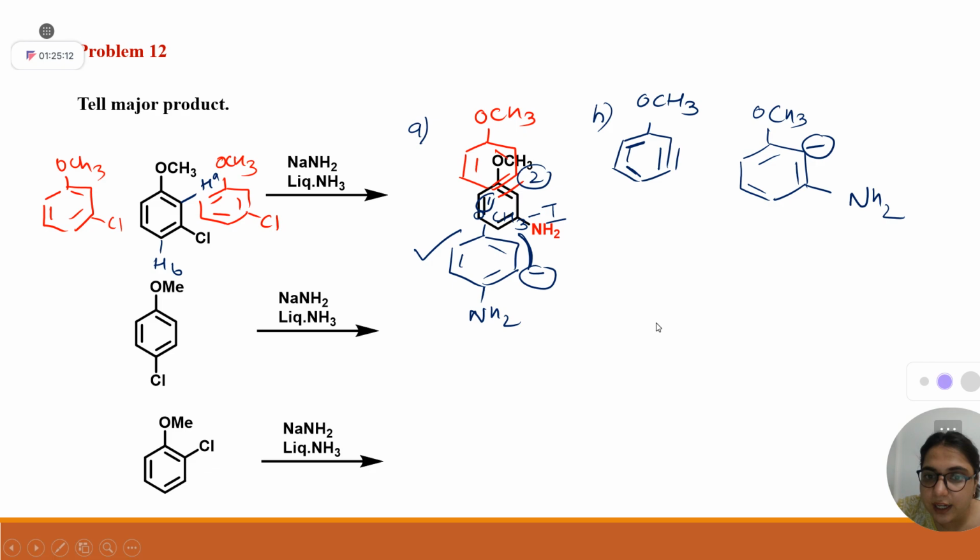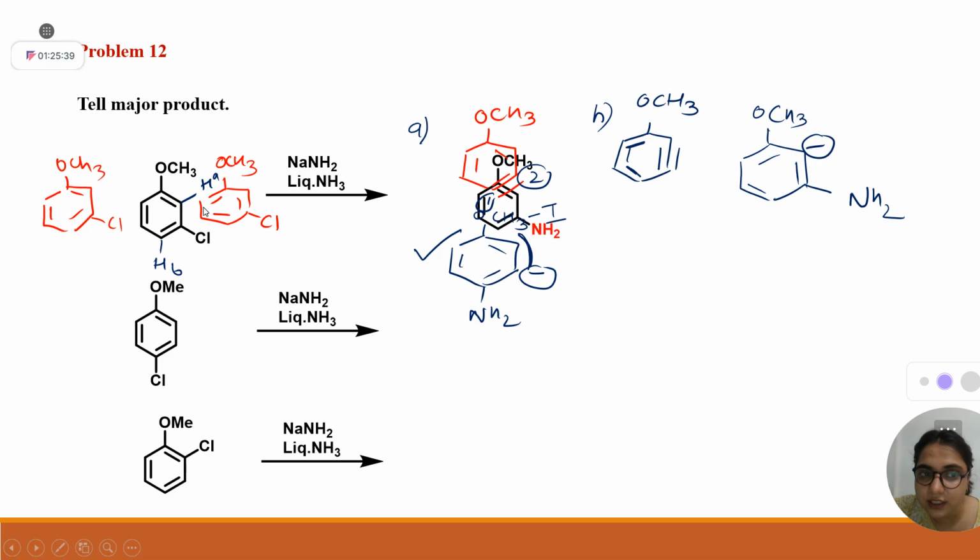So where is this anion stable, here or here? Here, because we look at this anion stability by inductive effect. Since this negative charge is not in the plane of the ring, it can only be stabilized by inductive effect. This OCH3 is minus I, chlorine is minus I. Two electron withdrawing groups can stabilize this negative charge.